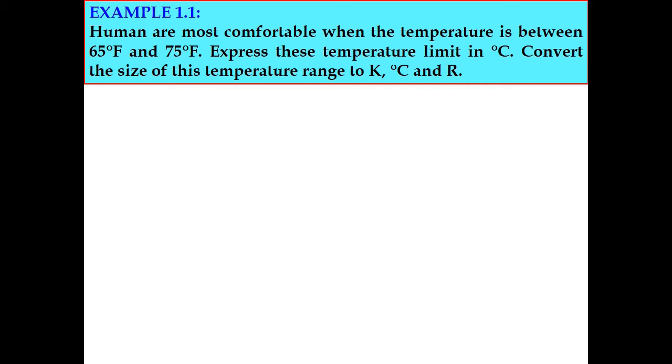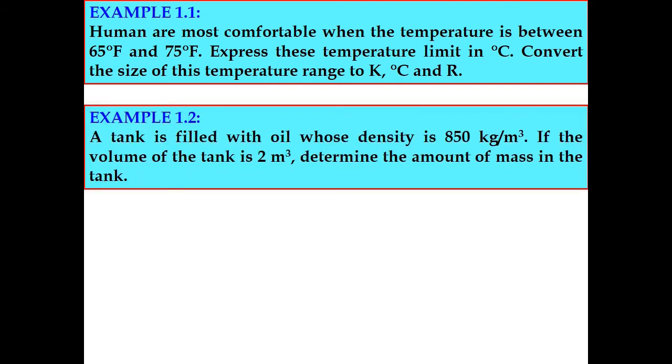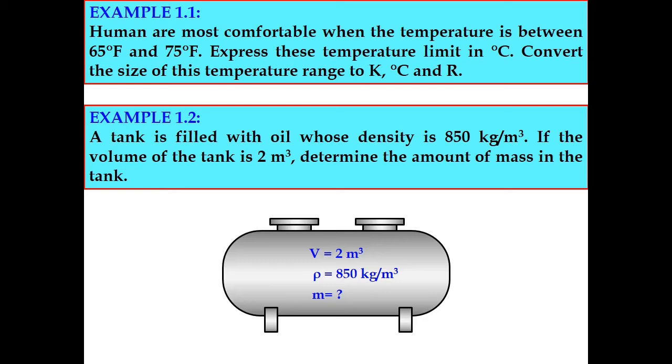Now let's look at example 1.2. A tank is filled with oil whose density is 850 kg per cubic meter. If the volume of the tank is 2 cubic meters, determine the amount of mass in the tank. This is the tank.